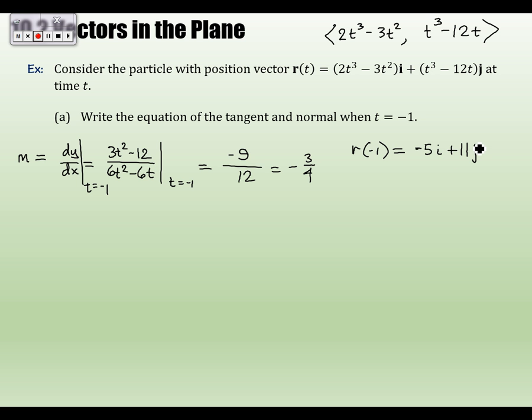Again, someone confirm everything that I've written up here. You get the idea at least: plug in, find the slope and find the point. That's what we've just done. And then find the equation of the tangent line is the first thing we'll do.